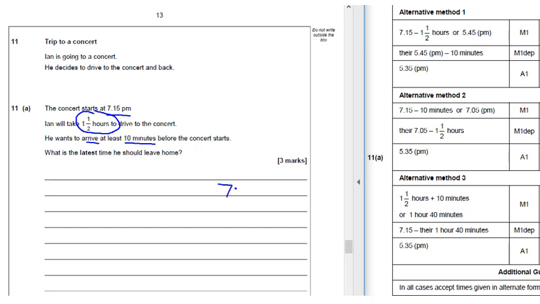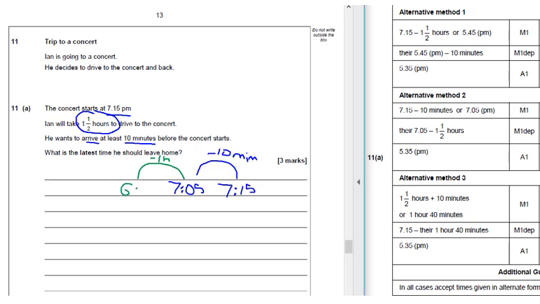This is the way I've worked it out on my answer sheet. The concert starts at 7:15, he wants to arrive 10 minutes before. So he wants to arrive at 5 minutes past 7. Taking off an hour and a half is a bit tricky, so I'll take off an hour first.